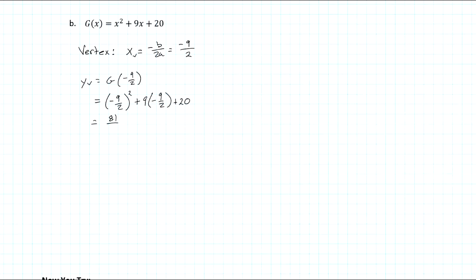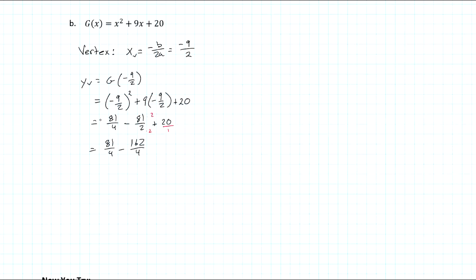We'll have 81 over 4 minus 81 over 2 plus 20. Then I'm going to get a common denominator, 81 over 4 minus 162 over 4, where I multiplied top and bottom by 2.